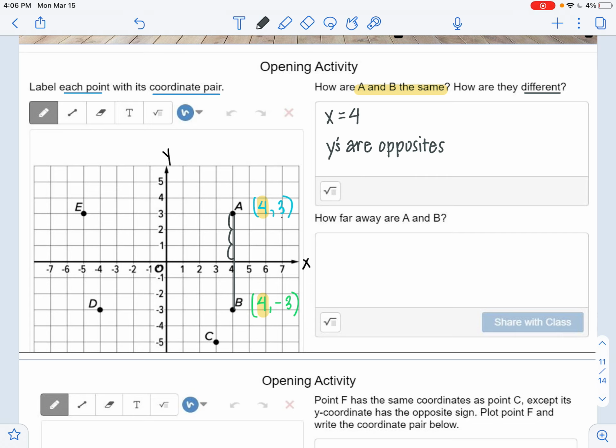This makes sense because the y value is 3, so we know that we went 3 up. We can tell that B is also 3 spaces away from the x-axis, which makes sense because the y-coordinate is -3, so 3 down. And this means that in total, between A and B, there are 6 units. They are 6 units apart.